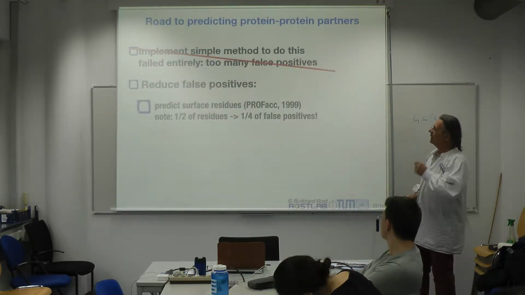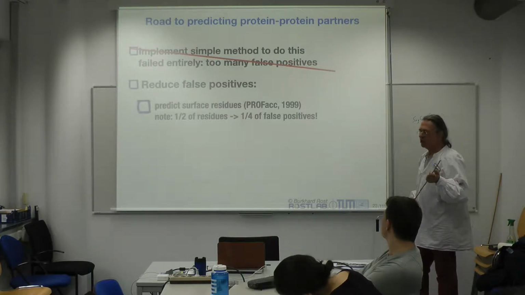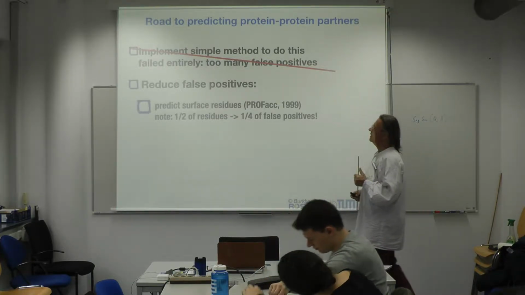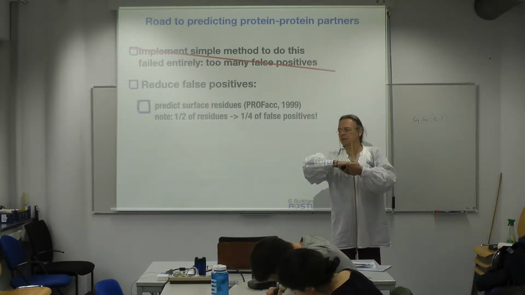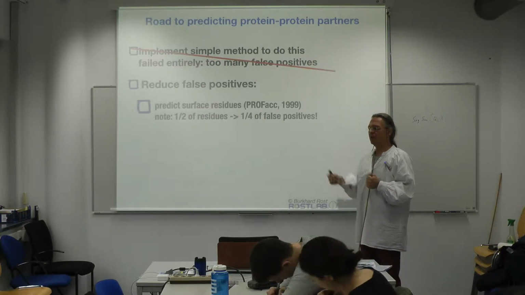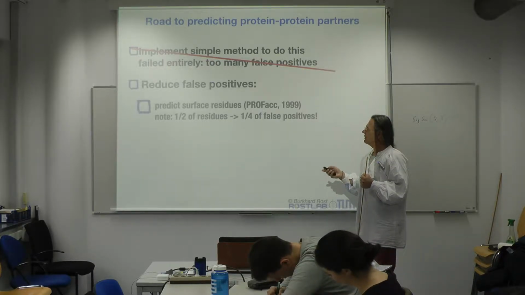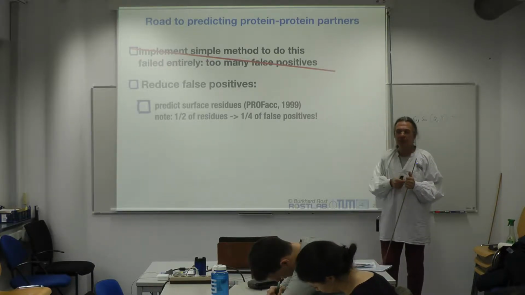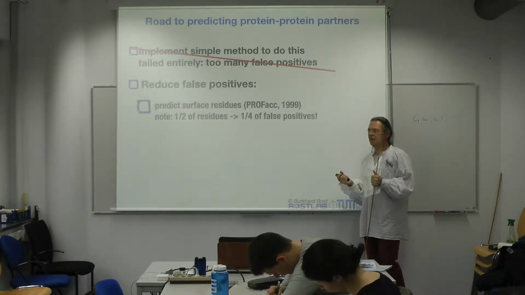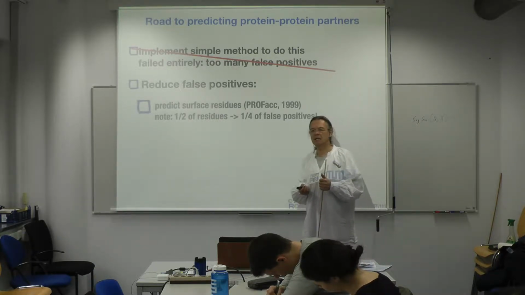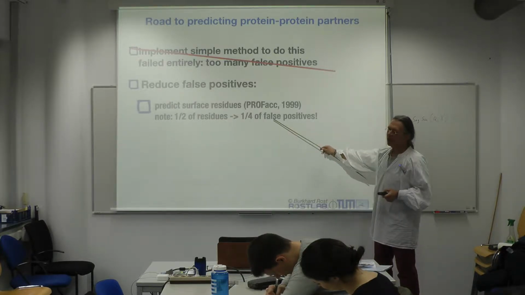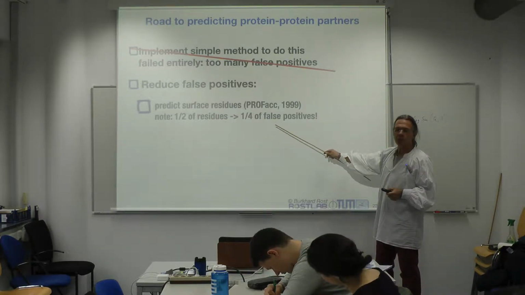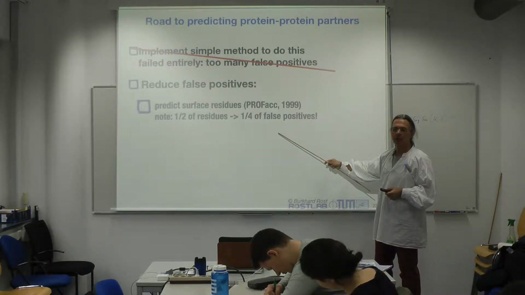So the first thing that we should do to acknowledge these realities is, if I know that the two bind by surface, then I should predict surface. Let's assume I have a surface where half of the protein is inside and half of the protein is outside, and the half that I have outside is the one that is more likely binding. Then you see I cut the false positives by a factor of 4.